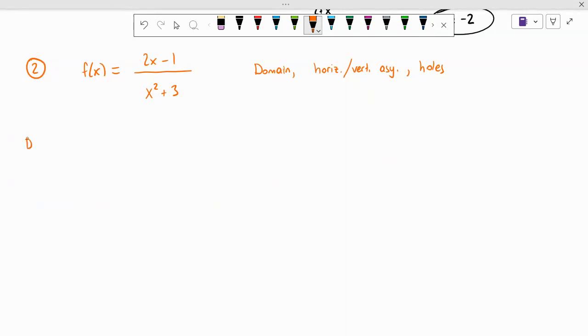So let's talk about the domain of this function first. We want to do the same thing that we did in the previous example. Let's try to find where the denominator is equal to 0.